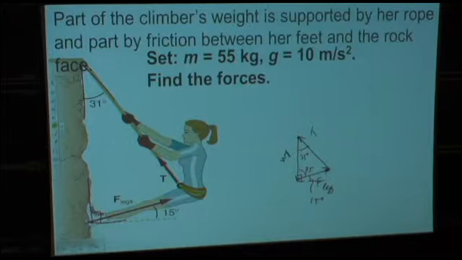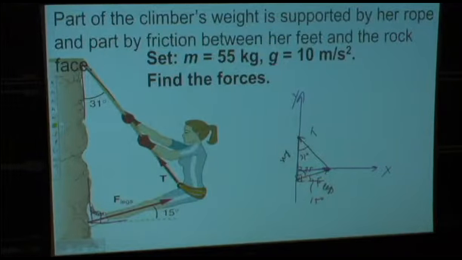This is not a right angle triangle. So we have two options. The option number one, we make right-angle triangles, like this, for example. We can draw a perpendicular. Actually, we can call this x-axis, we can call this y-axis.